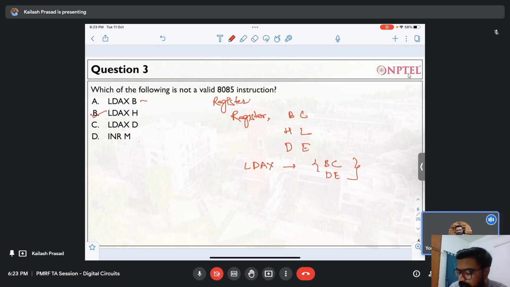It doesn't work for the HL pair. That is why the answer is B, not C or D. Any confusion? And INR M is a valid instruction, it does increment M.